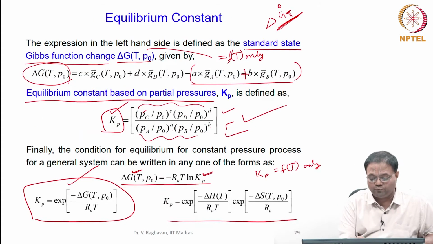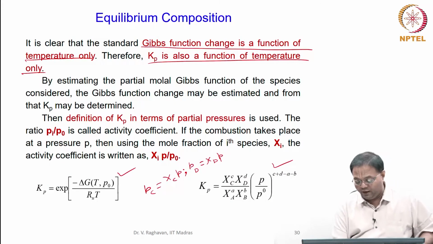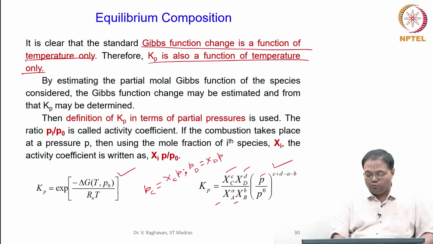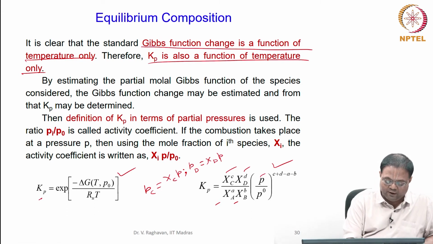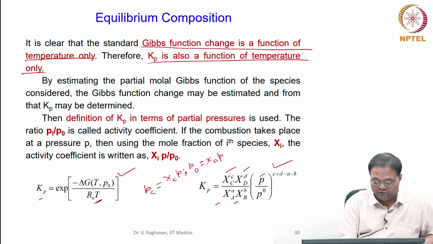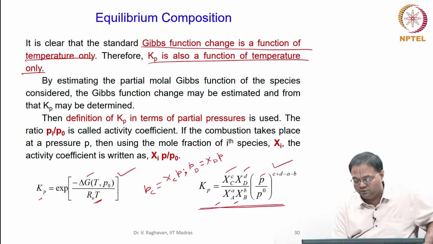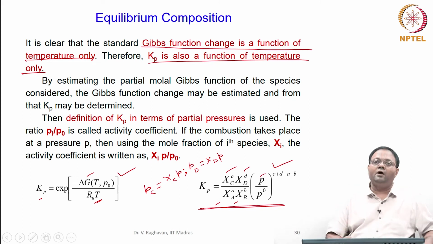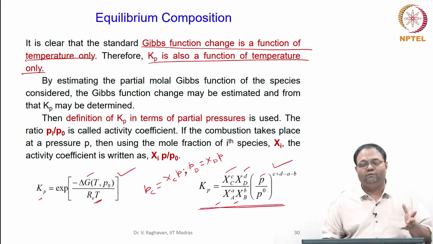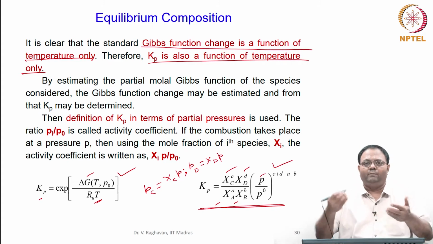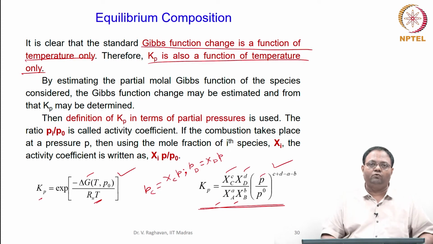When you substitute for Pc, Xc into P, similarly for Pb, Xb into P, etc., you can write in terms of mole fractions and the total pressure P. So, after evaluating Kp at a given temperature with the standard Gibbs function change, you can substitute this to generate expressions. You cannot calculate everything. If there is only one unknown, this one equation can be used, or if there are multiple unknowns, you have to generate equations in order to solve.